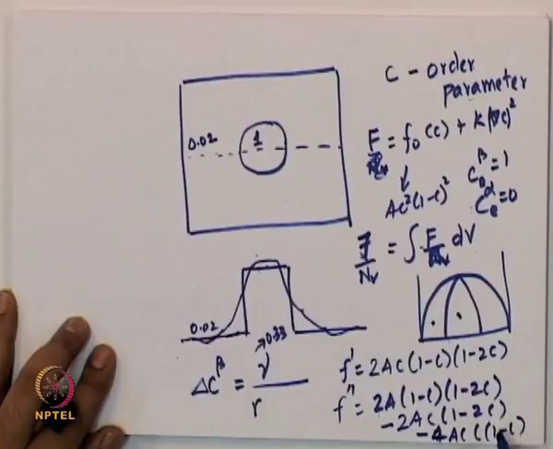Now, if I put the composition to be C equal to 1, this goes to 0, this goes to 0, and this is the only term left. So, I will get minus minus, so plus 2 A C, which is 1. So, it is 2 A, and we have assumed A to be 1.